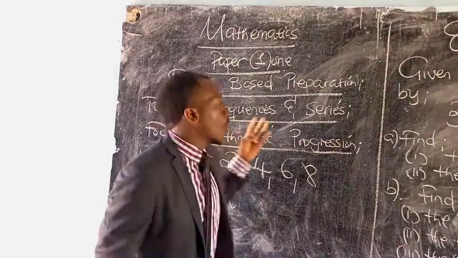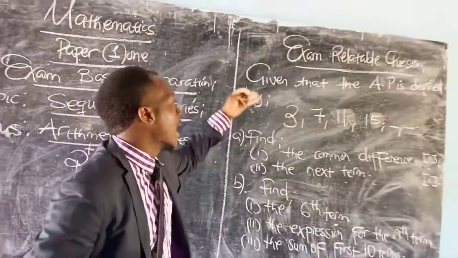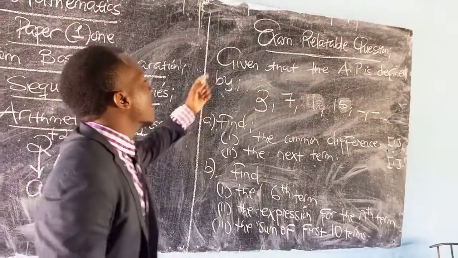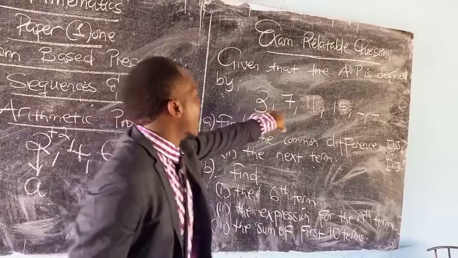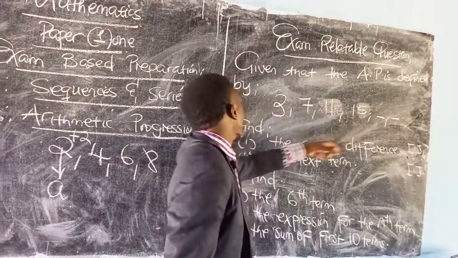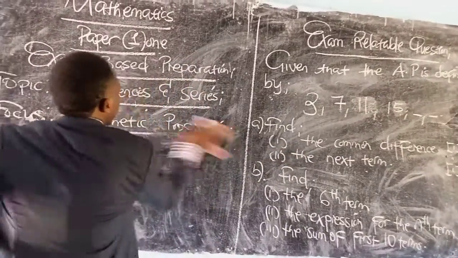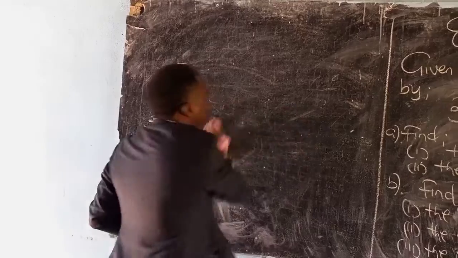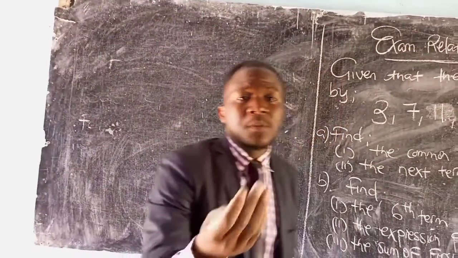Here is a typical question that can be brought in an exam. It's saying, given that the AP is defined by 3, 7, 11, then 15, find 1, the common difference. Let's begin. So when we talk about an arithmetic progression, we've talked about either addition or subtraction.